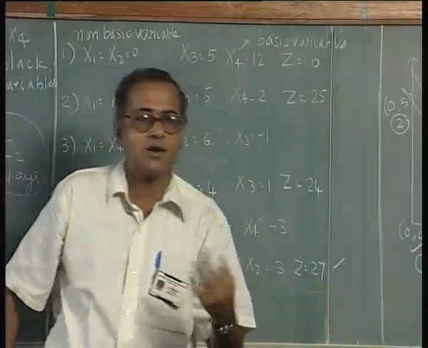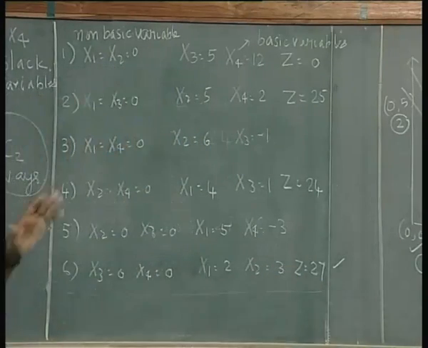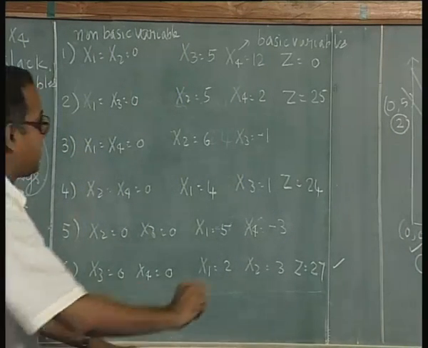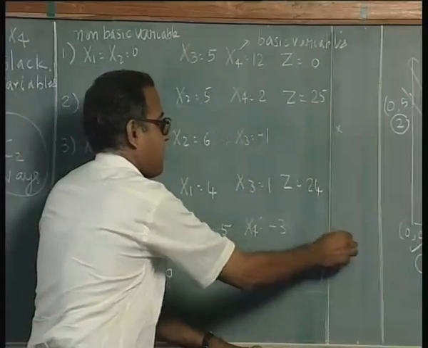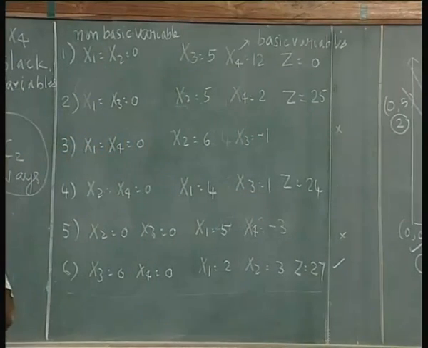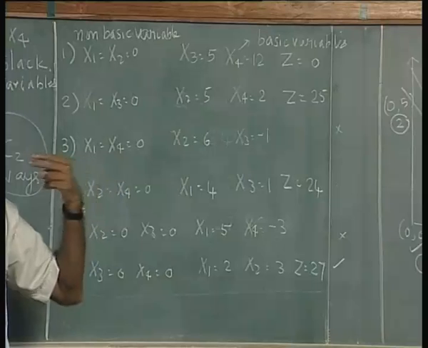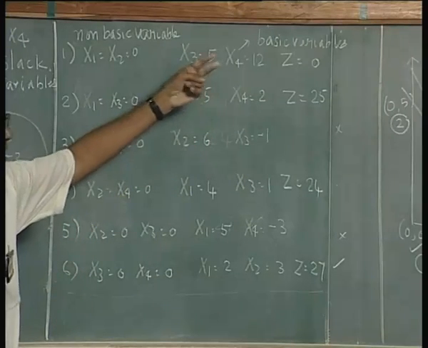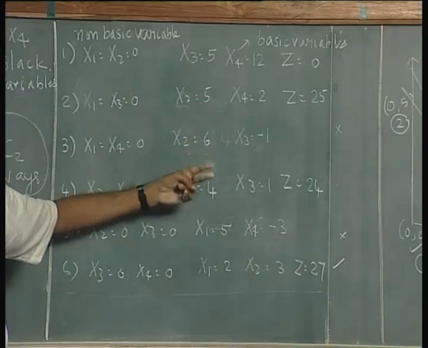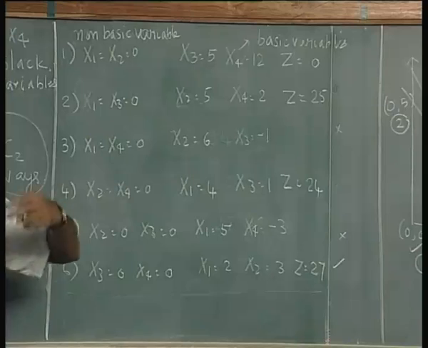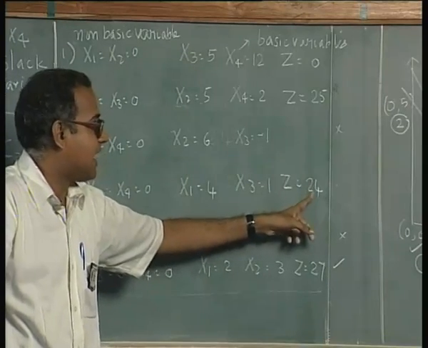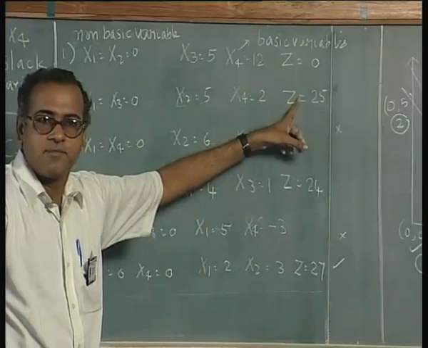So, basically we want a method which is better than the algebraic method that is shown here, which is better on 3 counts. One, it should not evaluate any infeasible solution. Number two, it should be capable of giving us progressively better solutions. We do not want, for example, to evaluate this 24 after we evaluate this 25.